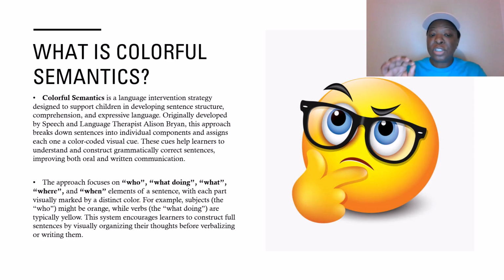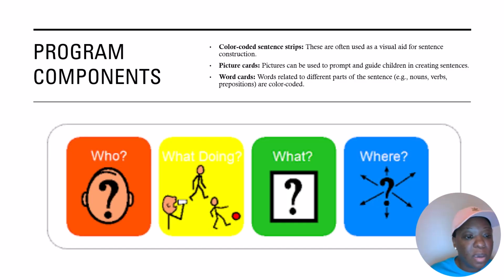This system encourages learners to construct full sentences by visually organizing their thoughts before verbalizing or writing them. So, again, colorful semantics reassembles sentences by cutting them up into their thematic roles and then color codes them accordingly.